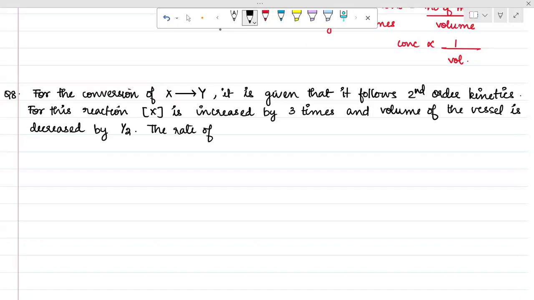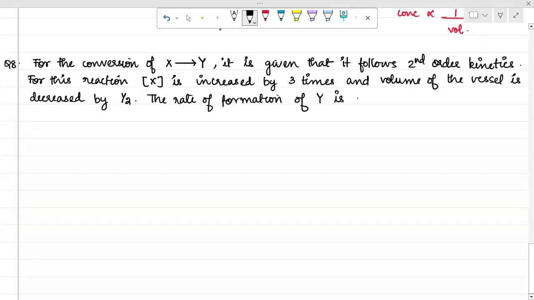The rate of formation of Y is: option A, 9 times, option B, 18 times, option C, 27 times, option D, 36 times. Very easy question, just a combination of both concentration as well as volume, that's all.